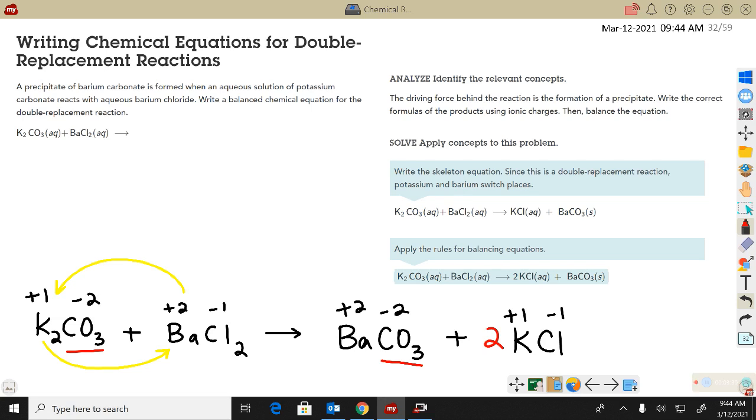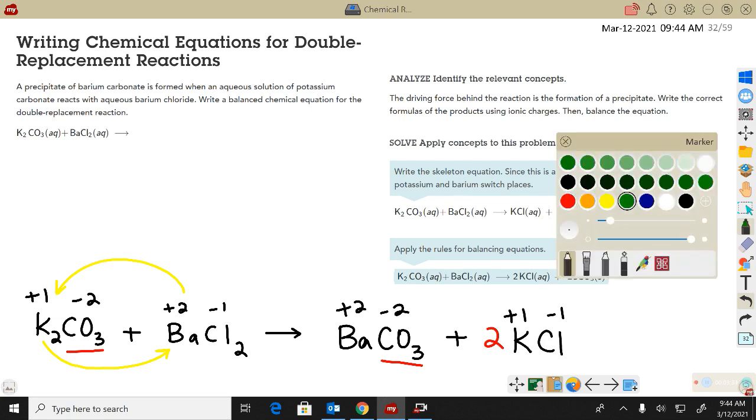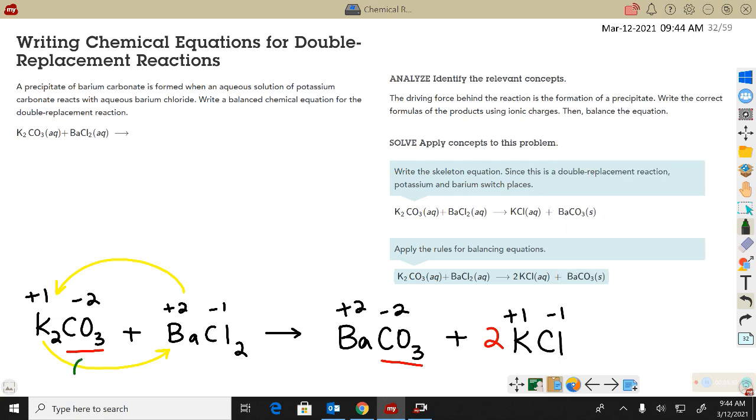Perfect. Now the last thing that I usually do is put the phases in, the little phase symbols. Now they did tell me that these were solutions of potassium carbonate and barium chloride. So they are aqueous. They tell me that a precipitate of barium carbonate is formed.